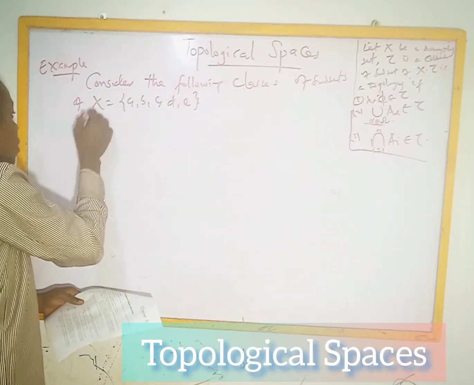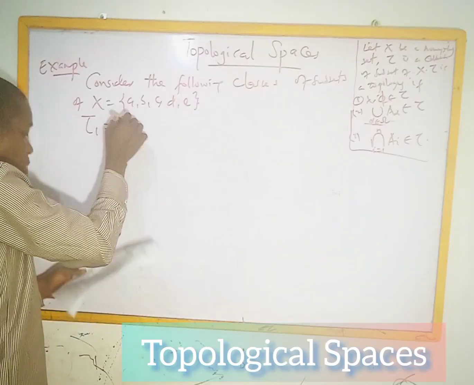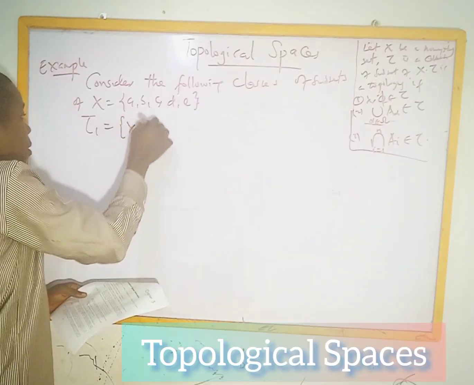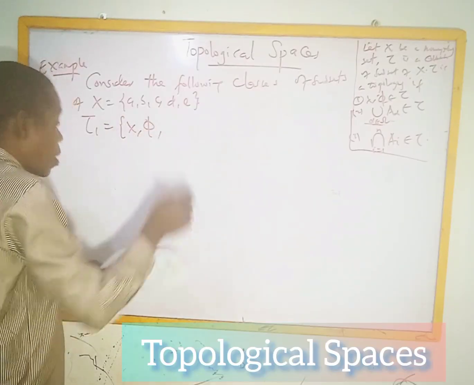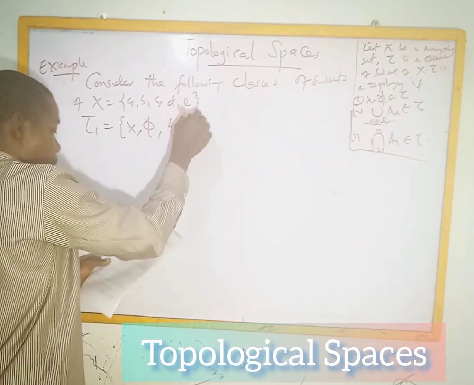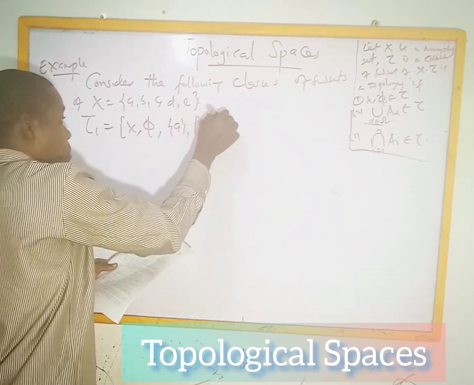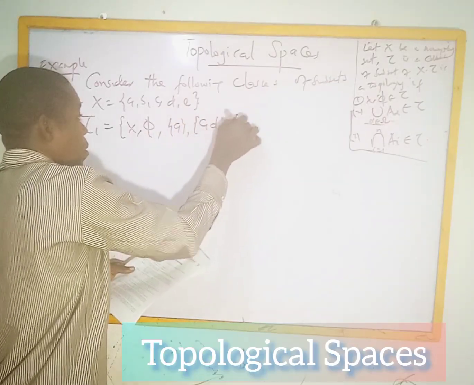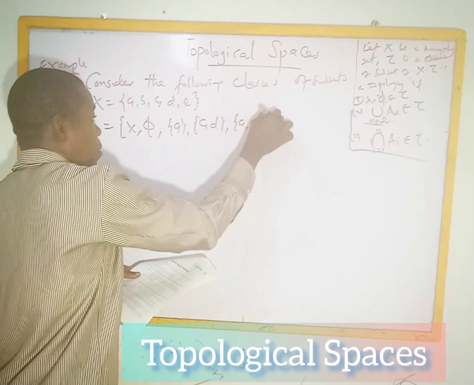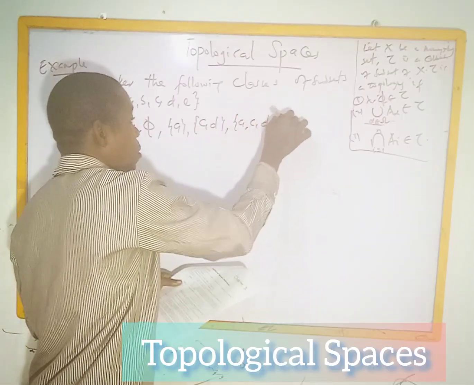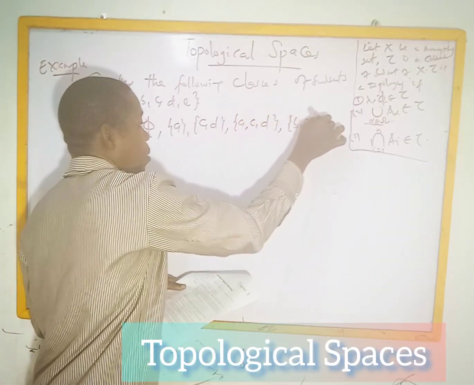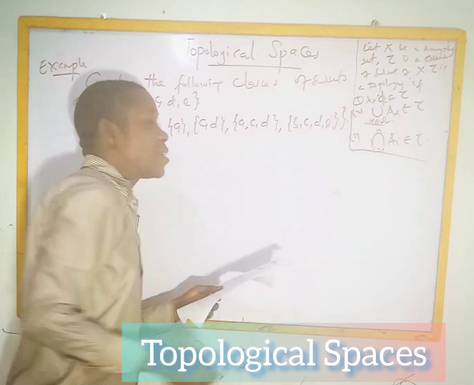I am given a collection tau 1: X, the empty set, the set A, the set A, D, the set A, C, D, and B, C, D, E.